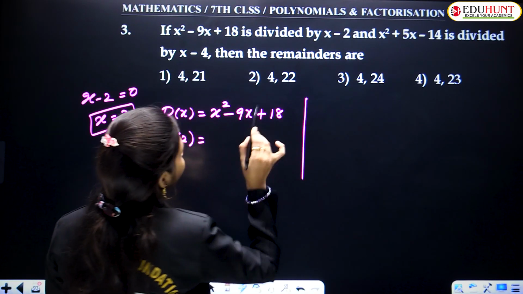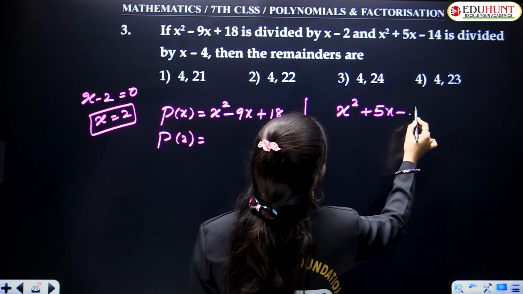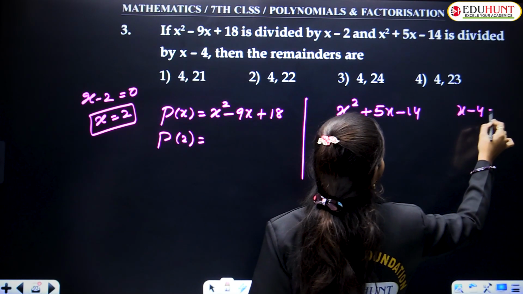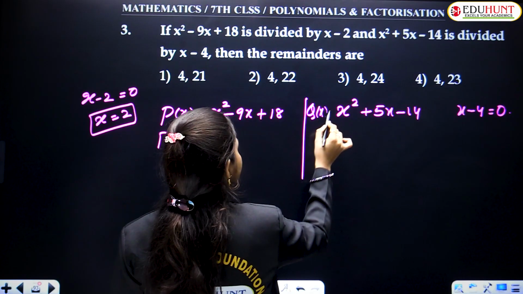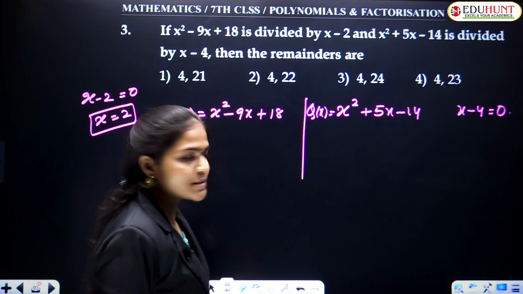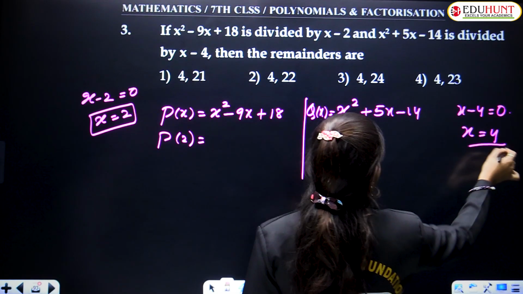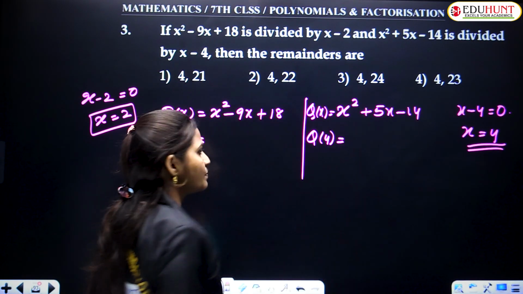Coming to the second one, x square plus 5x minus 14 divided by x minus 4. So x minus 4 is equal to 0. Let it be some q of x, the second expression. From this, x is equal to minus 4, which becomes plus 4. So we need to find the q of 4 value.